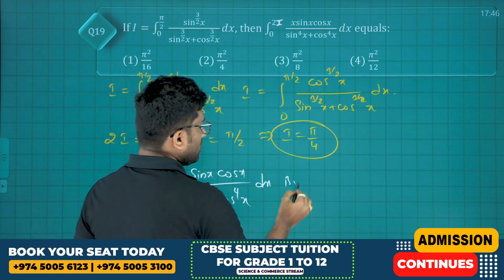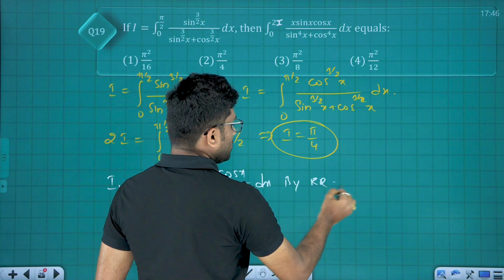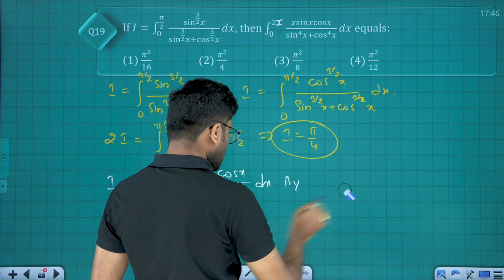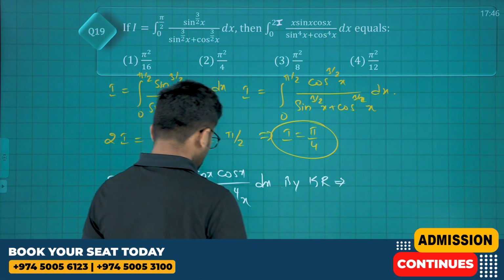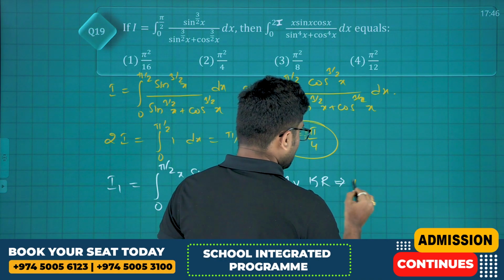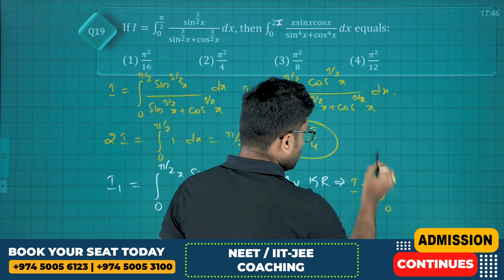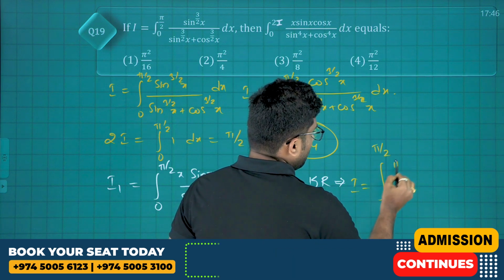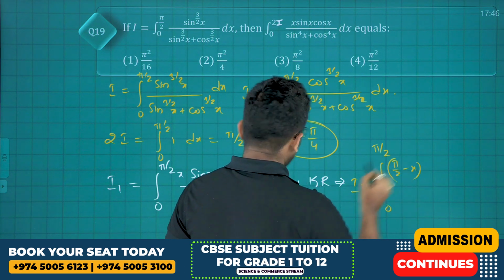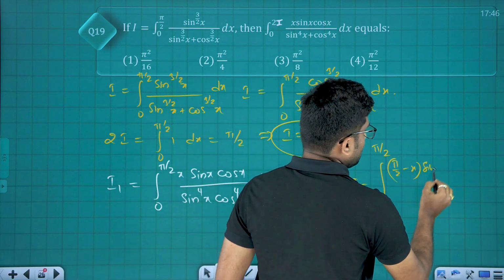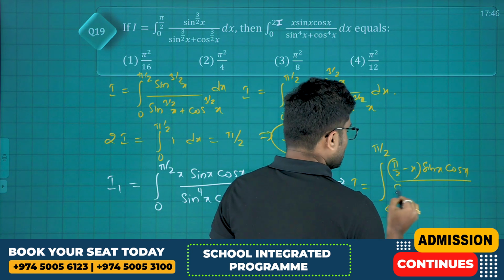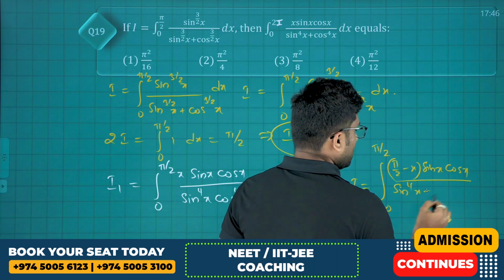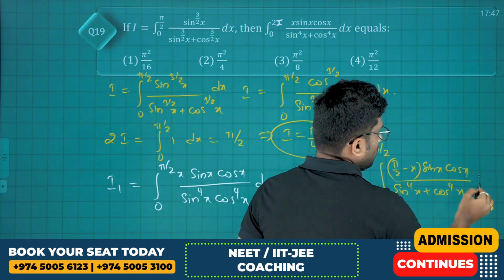Now by King's rule, we can write this I1 as again same 0 to pi by 2, pi by 2 minus x into same sin x cos x divided by sin power 4 x plus cos power 4 x whole dx.